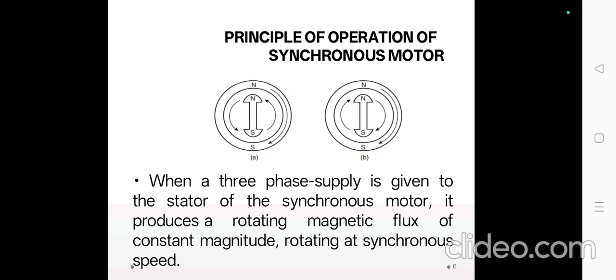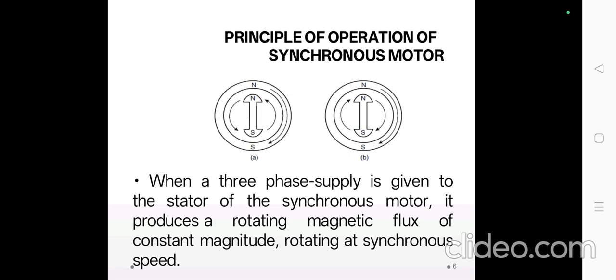This effect is similar to the physical rotation of two poles with a speed of Ns rpm. For simplicity of understanding, let us assume the stator poles are N1 and S1, which are rotating at the same speed Ns. The direction of rotation of the rotating magnetic field is, say, clockwise. When the field winding on the rotor is excited by the DC supply, it also produces two poles.